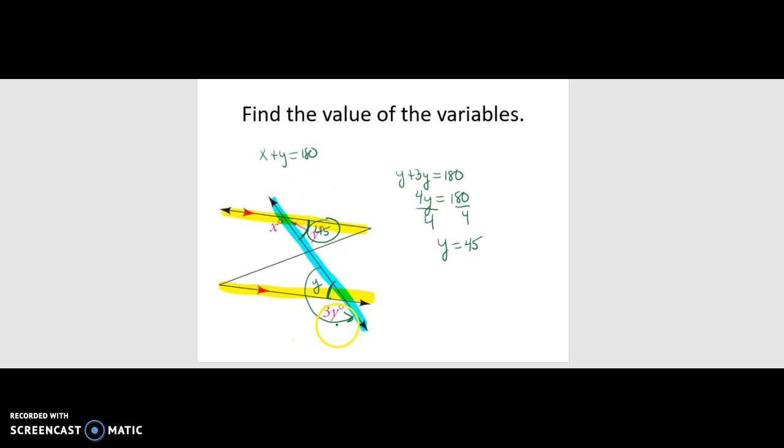Or even better, what is 3 times 45? Right? That's going to be 135. And if I look, what do we know about this angle and this angle? They are congruent. So what is x going to be? X is going to be 135 degrees.